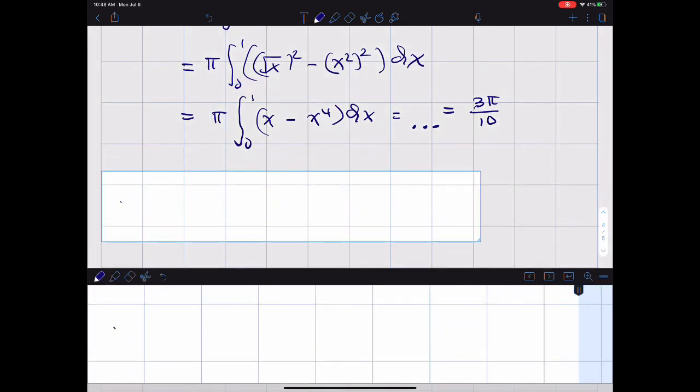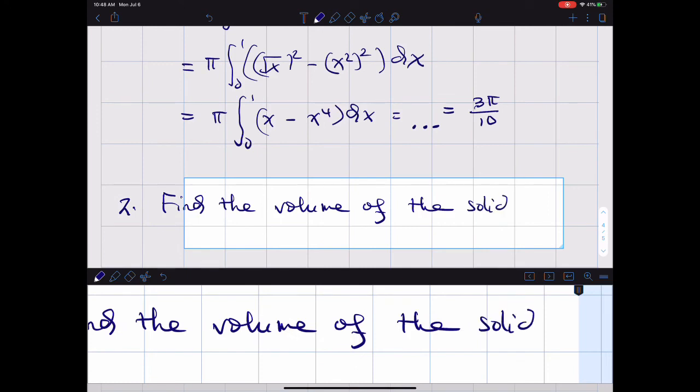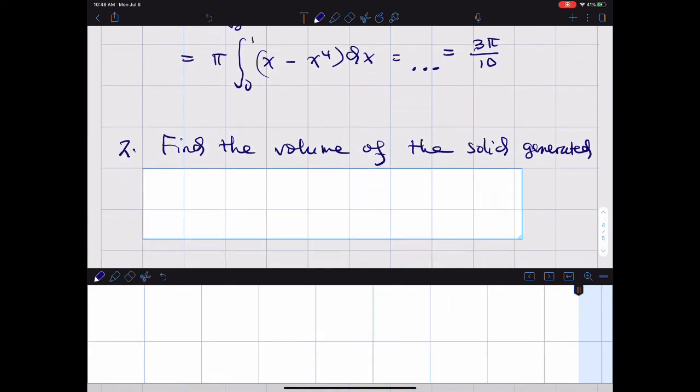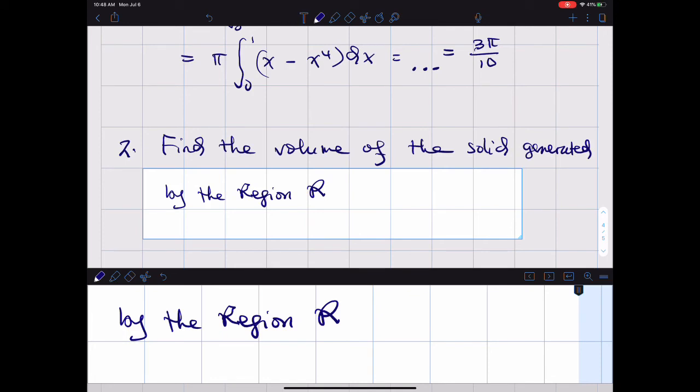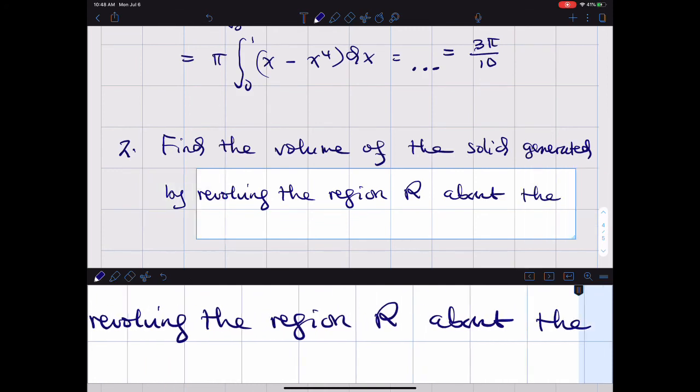Let's do one more and let's end there. I want you to find the volume of the solid generated by revolving the region R about the y-axis.